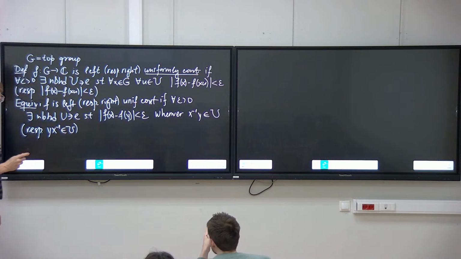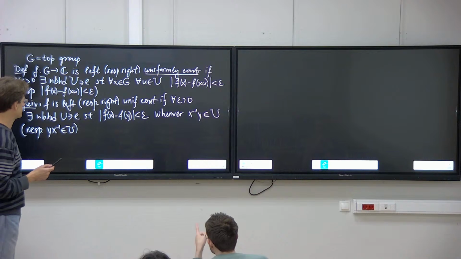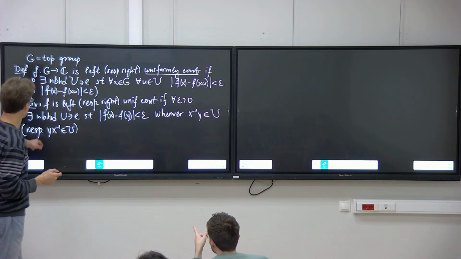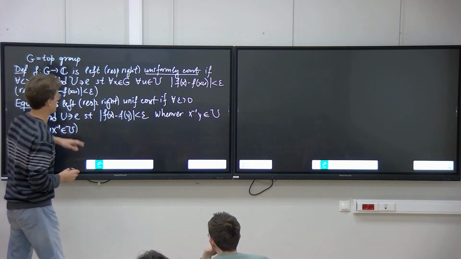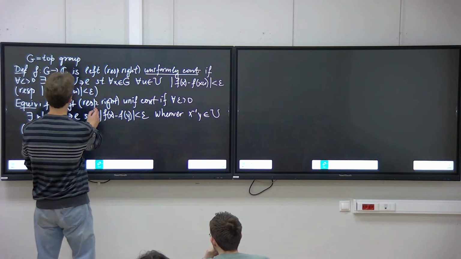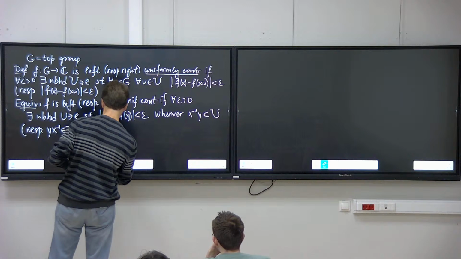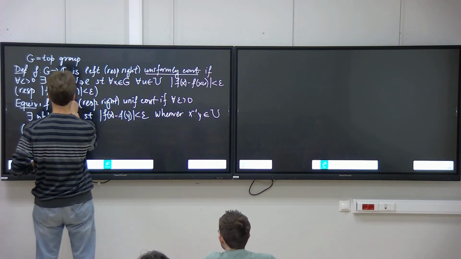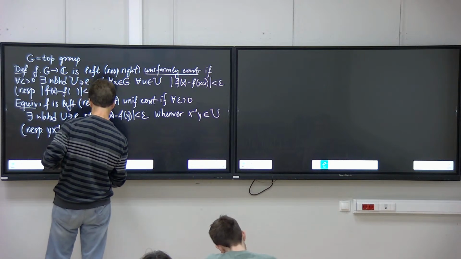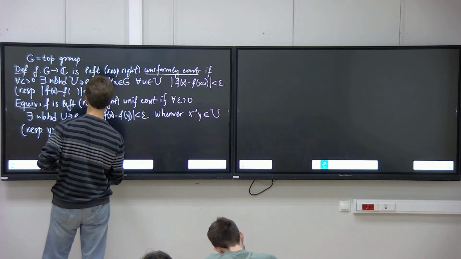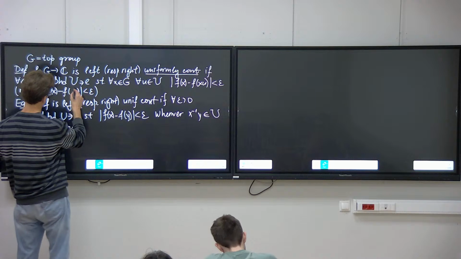I'm sorry, what is the difference between the second line and the third line, like in the definition? There is a typo, thank you. F of ux, thank you. The right uniform continuity is where we use right translates of our neighborhood.